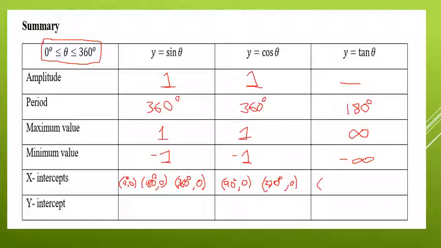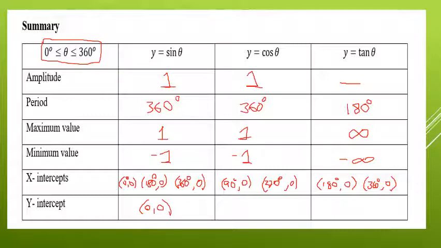For tangent, the two x-intercepts in this range, for this, what we call the domain, between 0 and 360, is 180 degrees, 0, and the other one was at 360 degrees, 0. Remember, we should write our intercepts as coordinates. Our y-intercept for the sine graph is 0, 0.